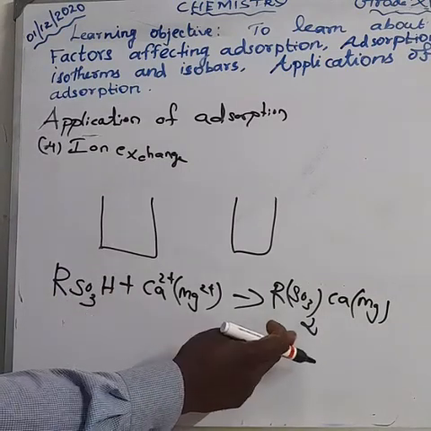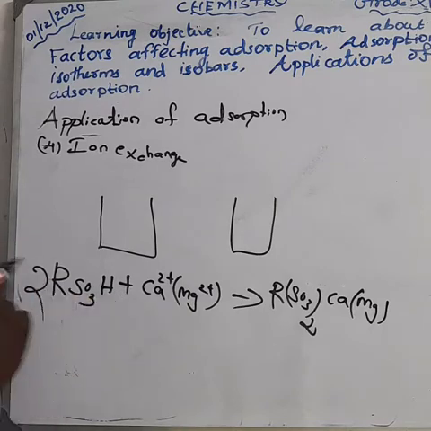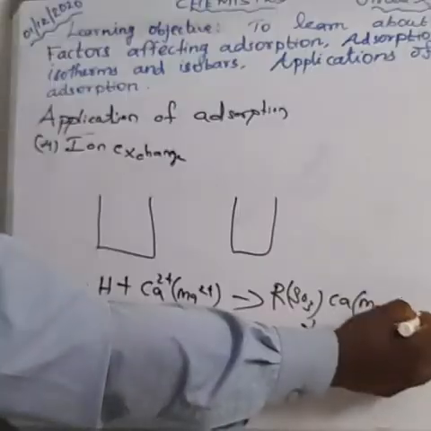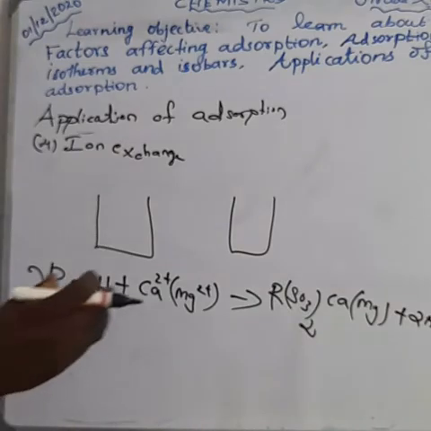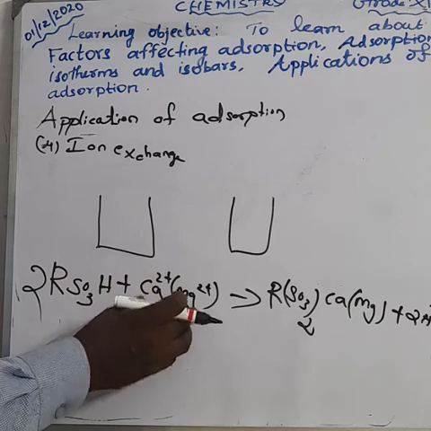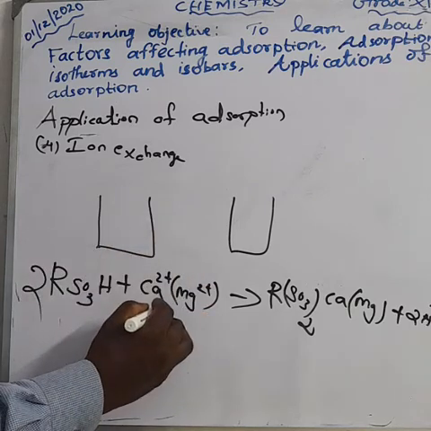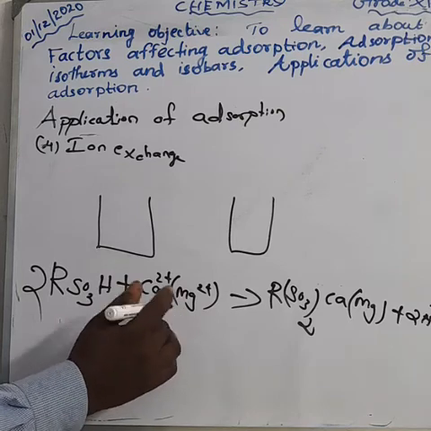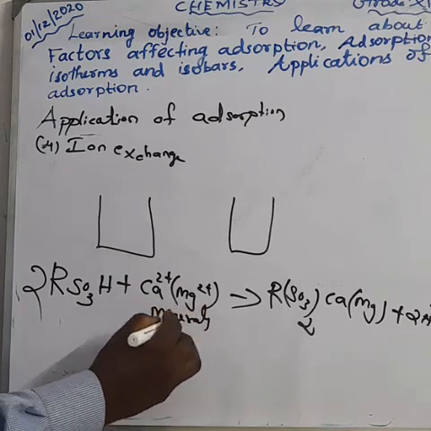Since RSO3 is twice, there are 2 hydrogens, that is 2 H+ ions. Here Ca2+ and Mg2+ are in the water containing salt. These are the minerals in water.